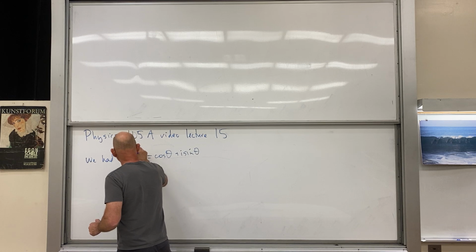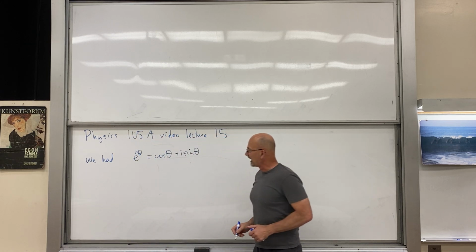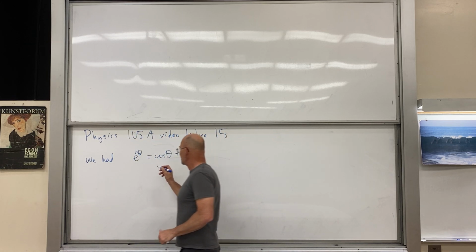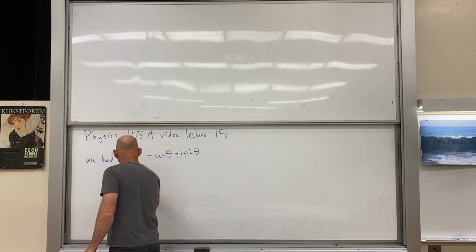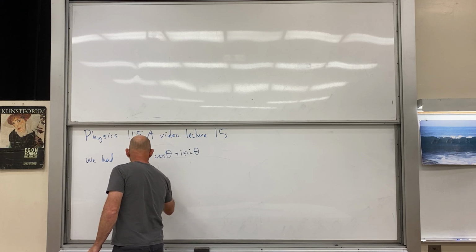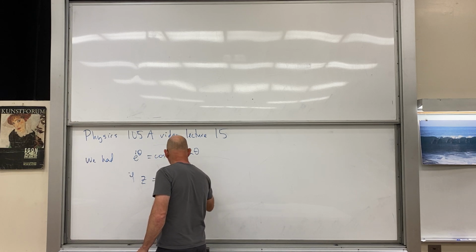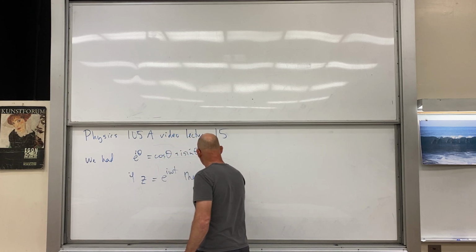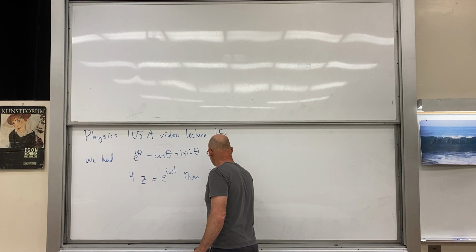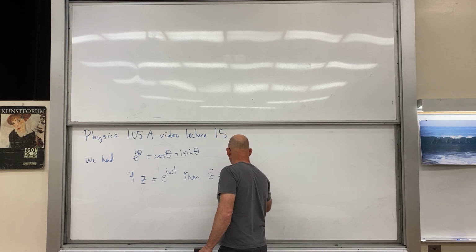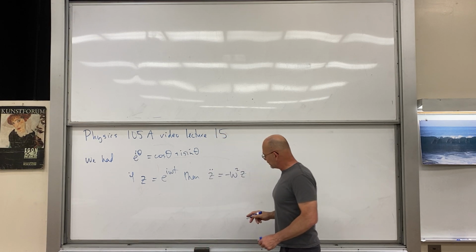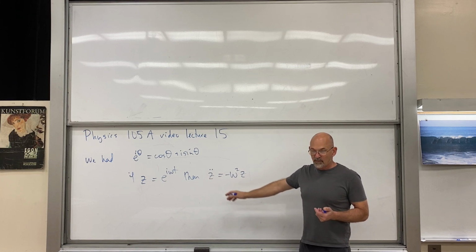And also, if z equals e to the i omega t, then the second time derivative of z is minus omega squared times z itself. Well, that's just our equation of the harmonic oscillator.